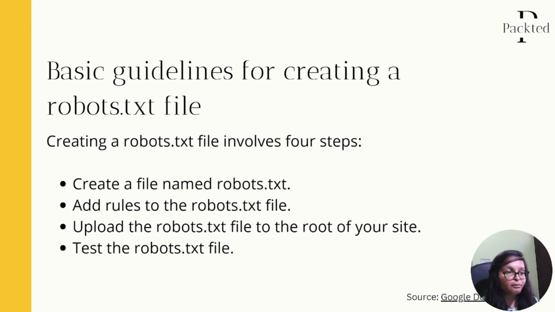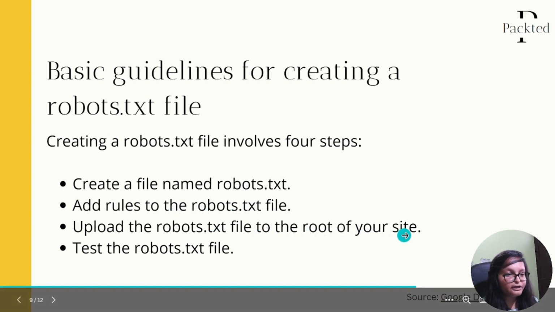Next we are talking about a basic guideline for creating a robots.txt file, and it mainly involves 4 steps. You have to create a file that is named robots.txt. It is a text file, and you have to add rules to the robots.txt file, any pages that you want to block from crawling, and you have to upload the robots.txt file to the root of your site and then test it.